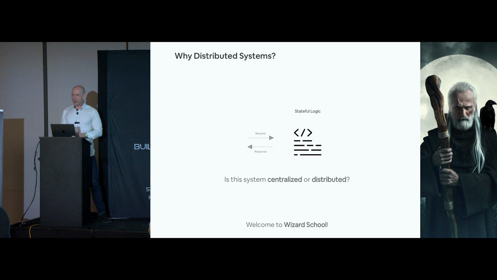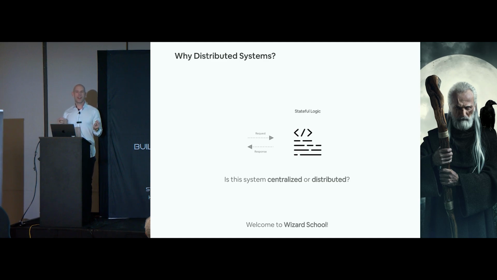All right, are you ready for wizard school? This is your first chance to take step number 2 and step number 3 of becoming a distributed systems engineer. Take a look at this system here. We have requests coming in, responses going out, and we have some stateful logic running on a single machine. According to my definitions, is it centralized or distributed?